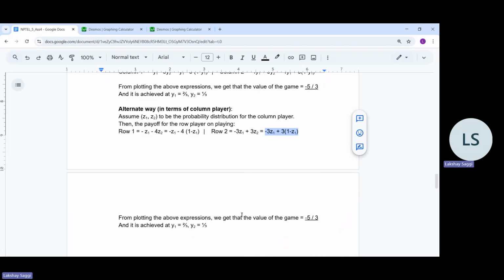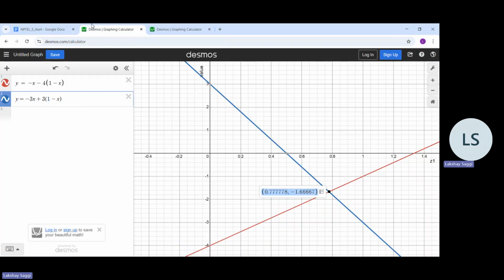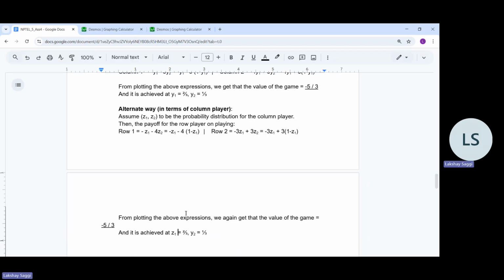So we again get that the value of the game is -5/3, and it is achieved at Z1 equals 0.7 bar, which I think is nothing but 7/9. So it will be 10x equals 7.7, and so it will be 7/9. So Z1 is nothing but 7/9, and Z2 is nothing but 2/9.